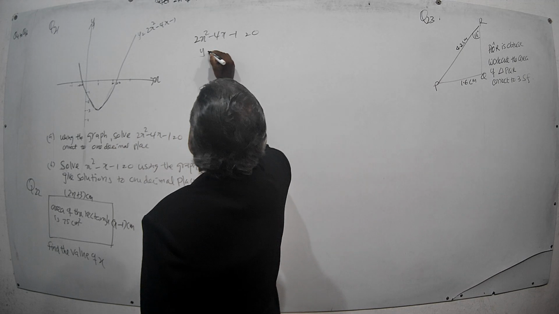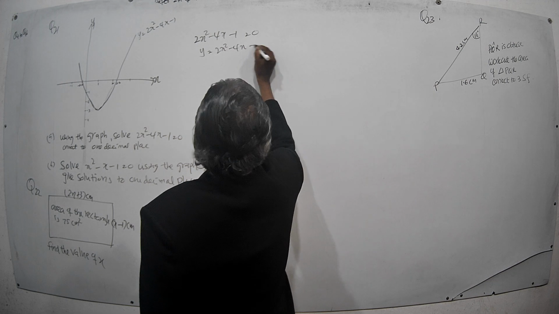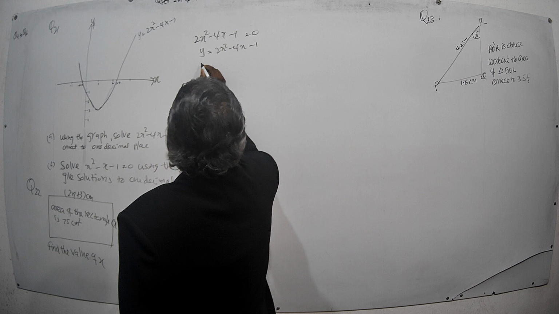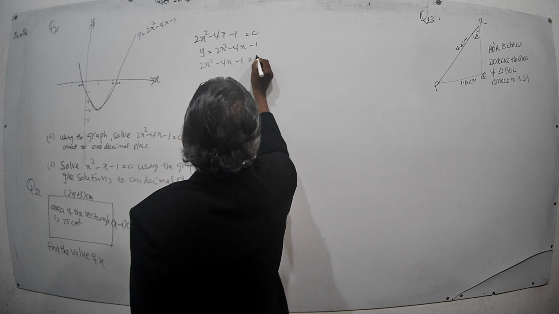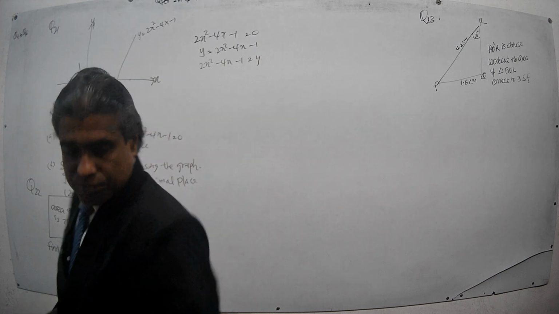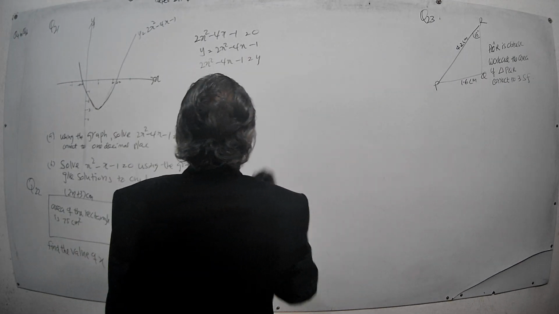What is the graph equation? y equals 2x squared minus 4x minus 1. We can write this as 2x squared minus 4x minus 1 equals y, by changing the sides of the terms.